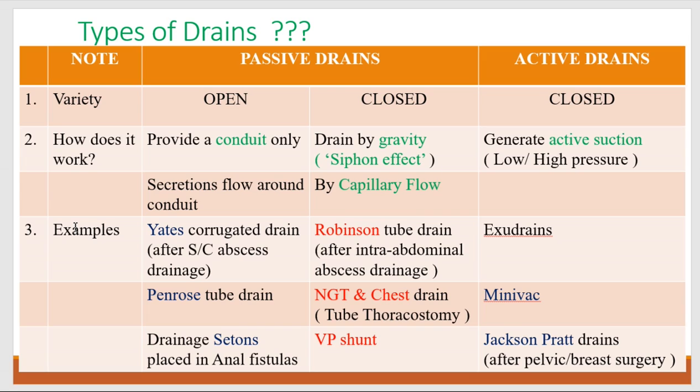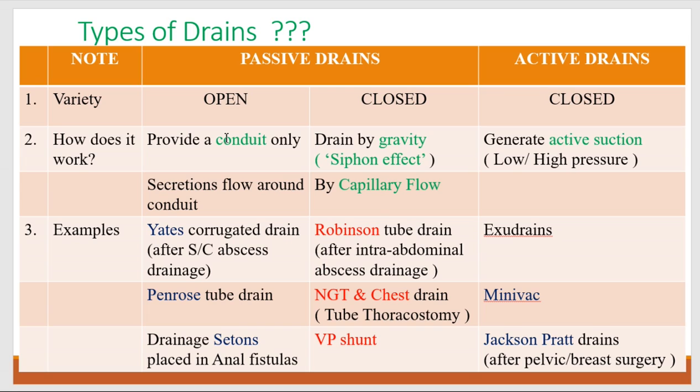Then the next question comes: how do these different types of drains work? In open passive drains, we are focusing on this column. These drains only provide a conduit, and the secretions flow around this conduit.